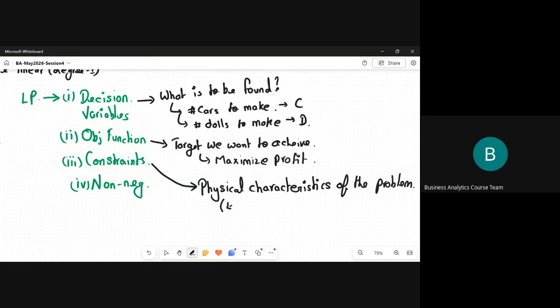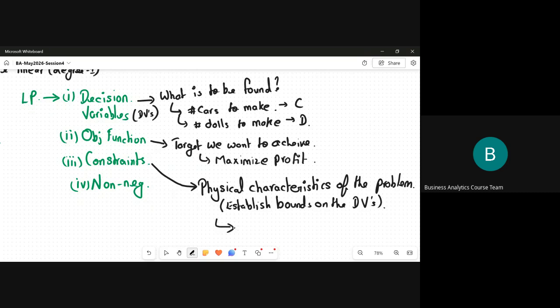These basically establish bounds on the decision variables, which are the DVs. So you have DVs, and I want to maximize profit. Make 100 cars, 100 dolls. You can say that, but that is not possible. Why? Because I have only a certain amount of raw materials. So that limit on these decision variables is established by the constraints. They are the physical characteristics.